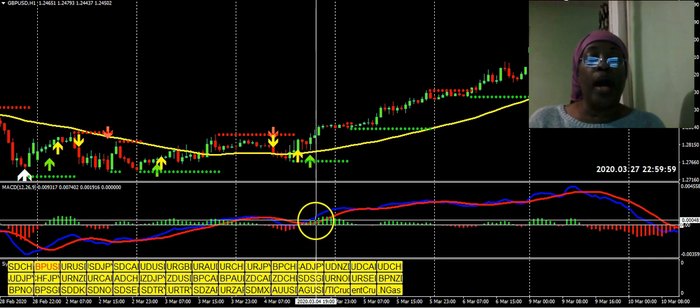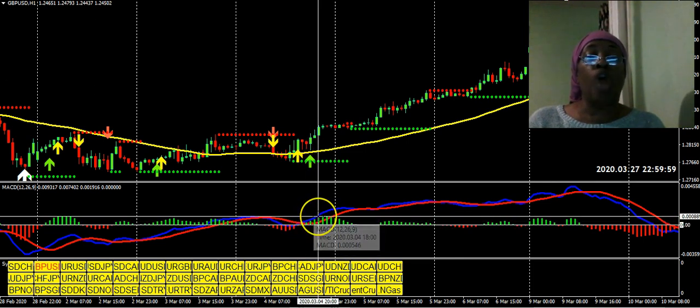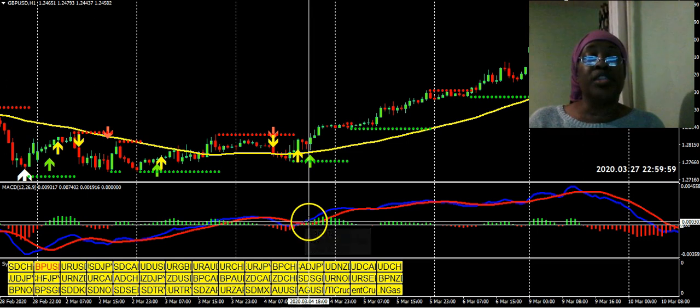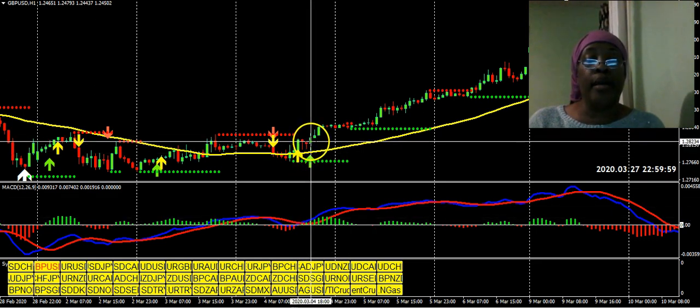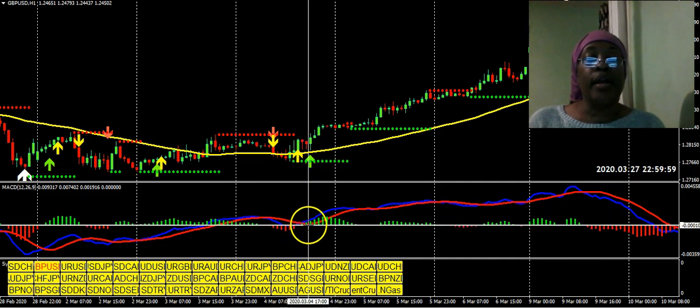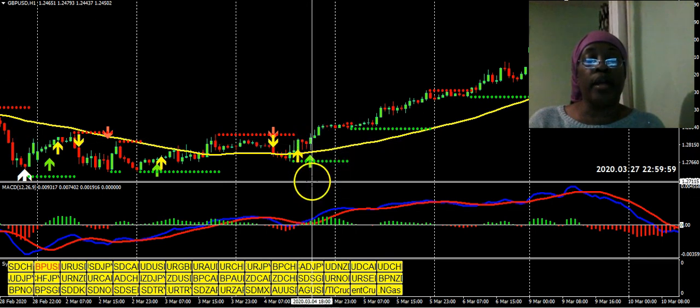Doesn't have to be all the way up, but you can clearly see that it has crossed over. And when you see that, then in this case, it would have lined up here or even right around this area. Yep, so we're right in this green area here.